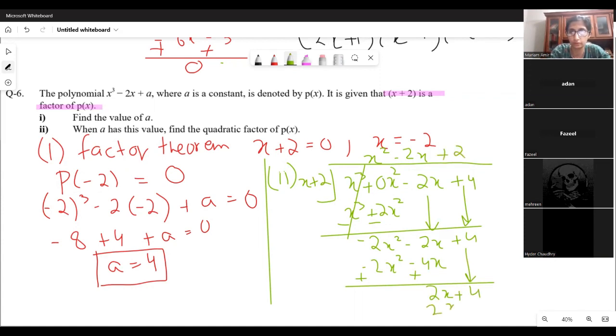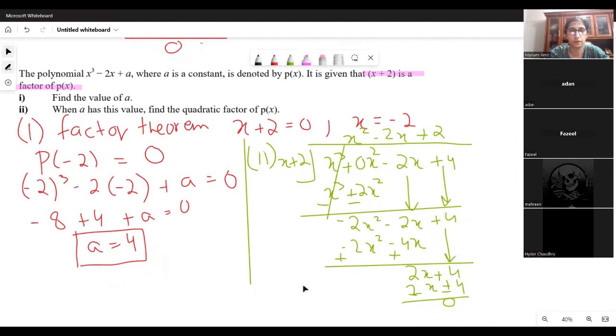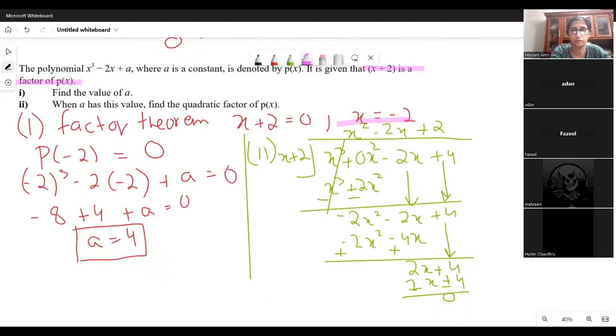So 2x plus 4. Change the signs. Remainder is 0, as it should be. So the other quadratic factor is this. So our answer is x squared minus 2x plus 2.